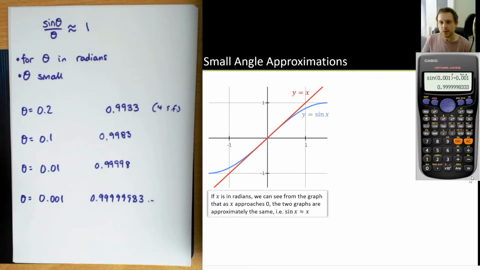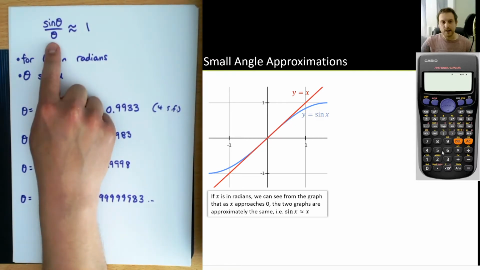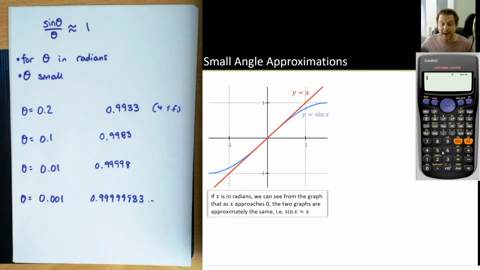Now, notice what happens if I do sine of 0 over 0. Well, of course I get an error, right? Because I can't do 0 divided by 0. This is an example of an expression where, in the limit as theta approaches 0, we get 1.